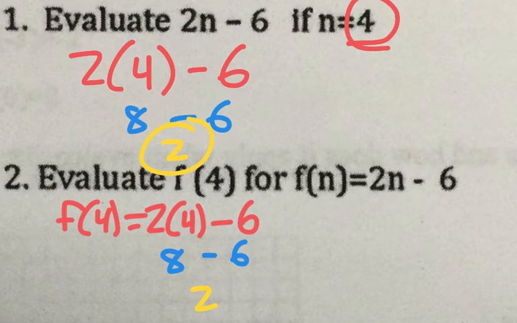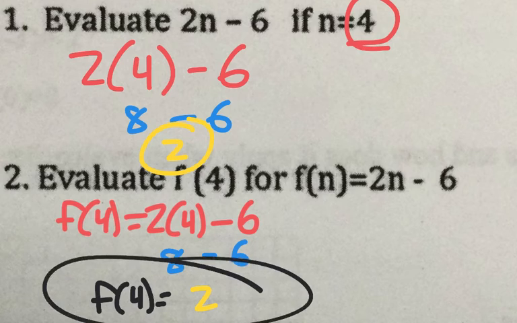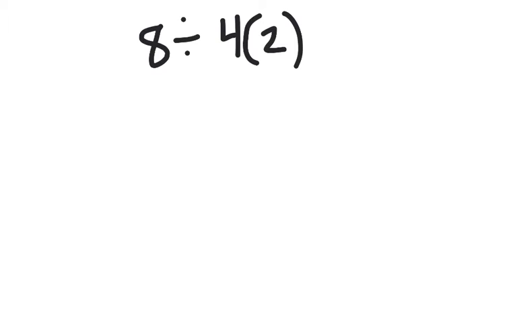So my final answer would look like f of 4 equals 2. Because it started in function notation, I want to end the problem in function notation. Keep the same form. That's what it started with.